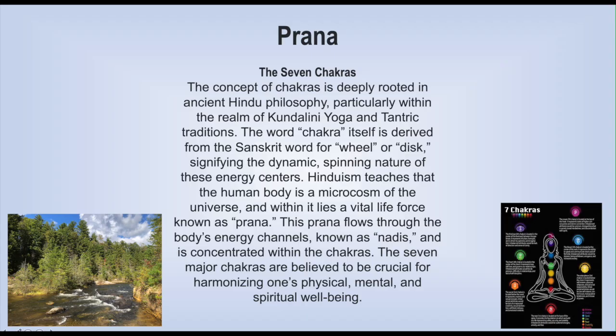It's the vital force that's in all of us. They refer to it as prana. And that prana goes through the energy channels, nadis. And there are 7 chakras that are the major chakras that purportedly can help with physical and mental well-being. But technically they're said to be 114 chakras throughout the whole body.